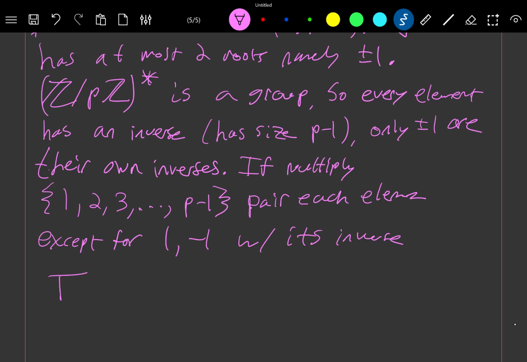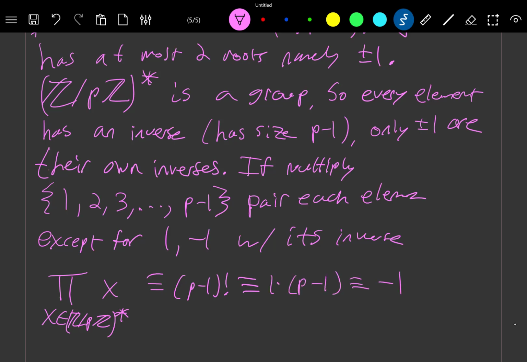So when we take the product over everything in Z mod pZ star, which is p minus 1 factorial, this is equivalent to pairing up x with x inverse, which leaves us with 1 times p minus 1, which is equivalent to negative 1 modulo p. So this is how you can prove Wilson's theorem.